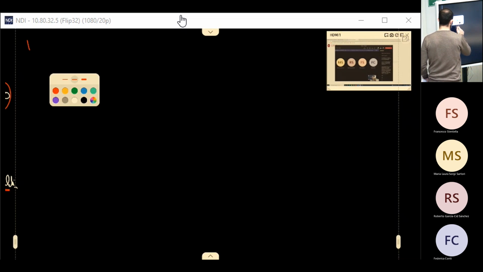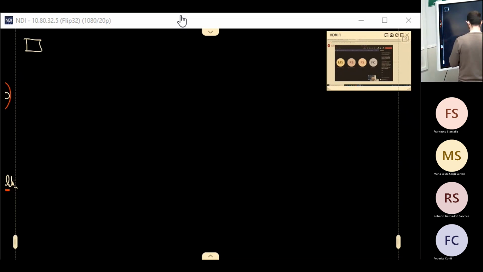Okay. So, as we were just mentioning, we got now a new formulation, which is called floating frame formulation.